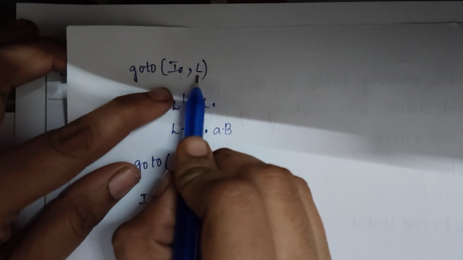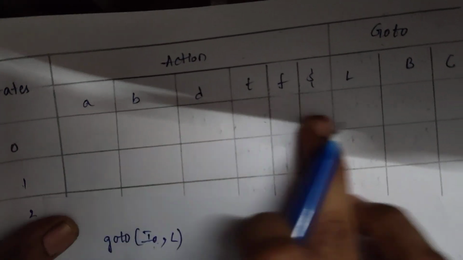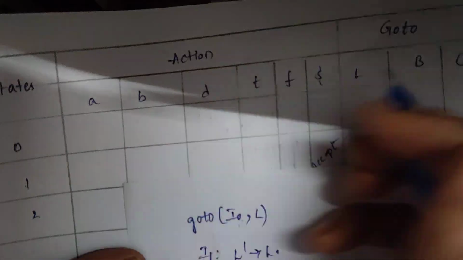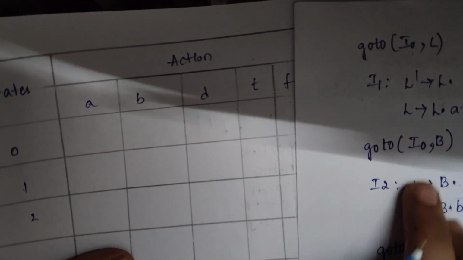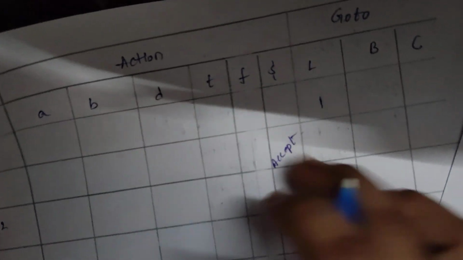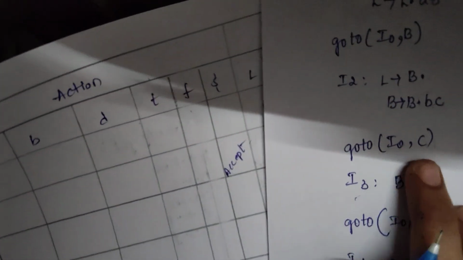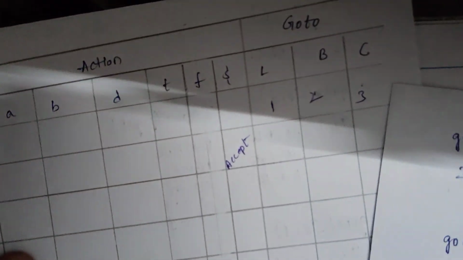I0 means 0 comma L. So in place of 0 comma L, you can write 1. Okay, 0 comma L 1. Next, 0 comma capital B is 2. Next, 0 comma capital C is 3.